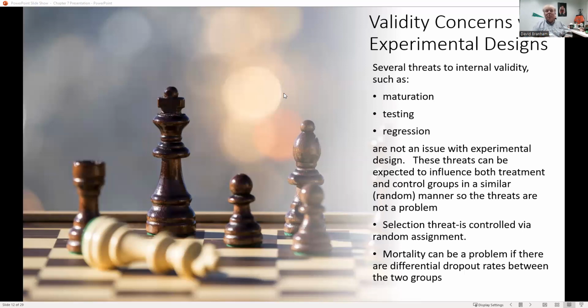Even the researcher absolutely cannot place people in the experimental group as opposed to the control group. And mortality is a problem especially if there's a differential dropout rate between the two groups. If one group is getting a lot of dropouts and another group isn't, then mortality is really a problem. And that's by far the biggest problem in experimental design, the mortality threat.